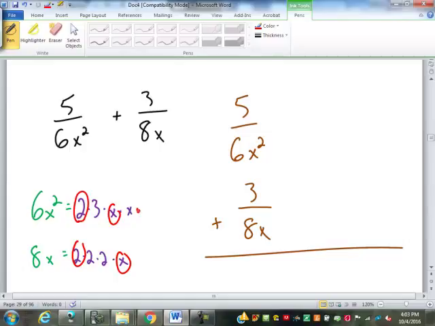What's the top number need to have? 2 more 2's, right? Which is the same as multiplying by 4, right? This becomes 20 over 24x squared. What's the bottom one need? 3 and an x.